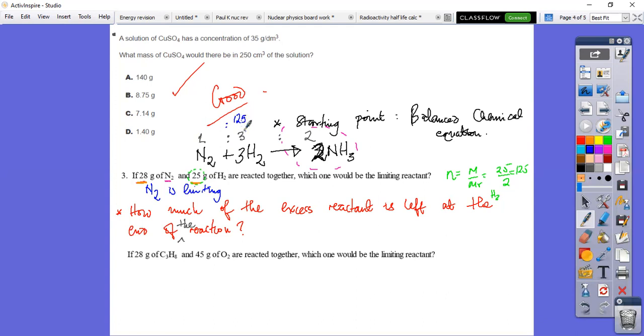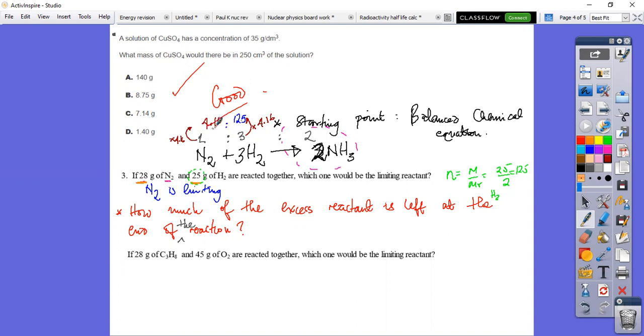Yes, so to go from here to there, this was times by 4.16. So to get to the number of nitrogen moles I need to do the same operation. I need to times by 4.16.